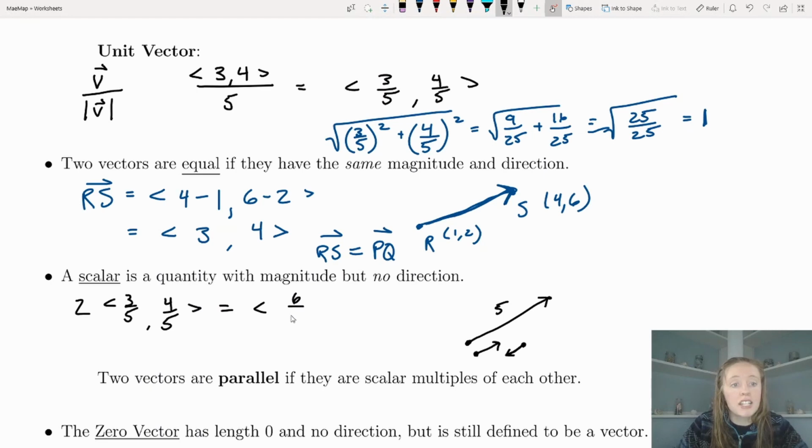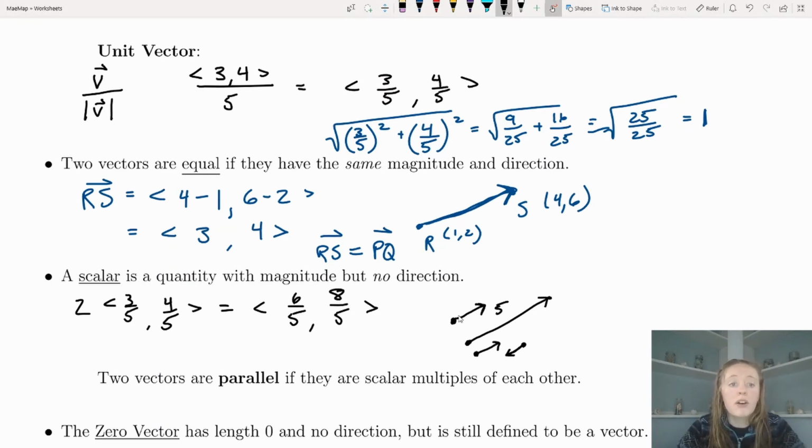So that would be 6/5 and 2 times 4, 8 over 5, 8/5. So if you can envision this one, I'll start this vector here with a length of 2. There we have it. And obviously these aren't perfectly to scale, but roughly they're there.